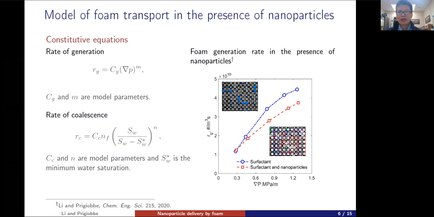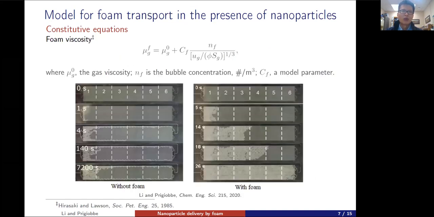And the rate of coalescence is assumed as a function of water saturation. So with this, we could determine the number of bubbles in the porous media, and then consider its effect on the flow by the effective viscosity. It is a crucial part to demonstrate the mobility control.